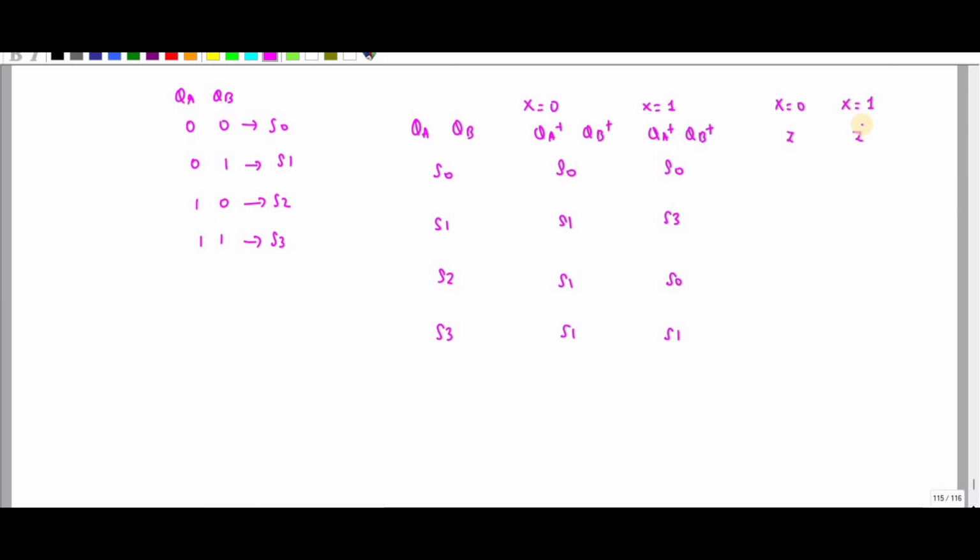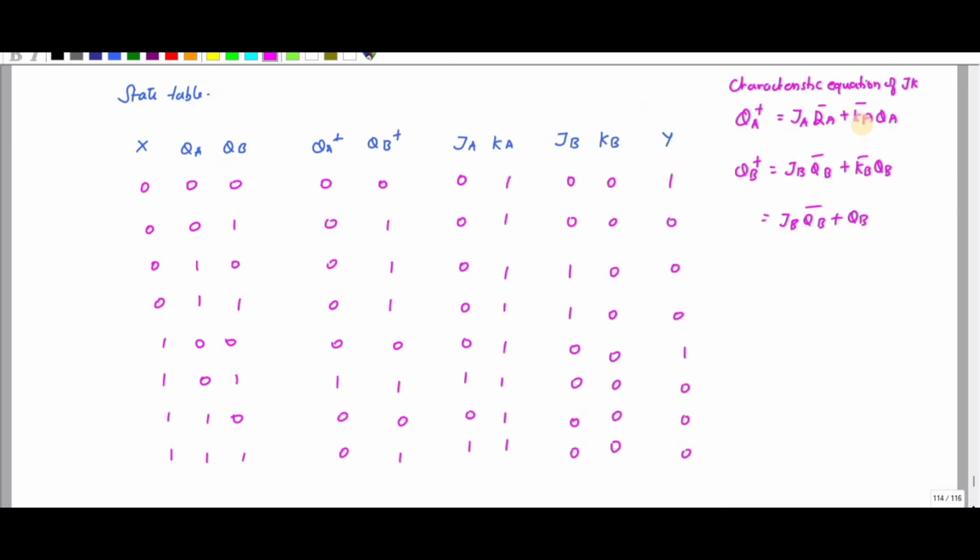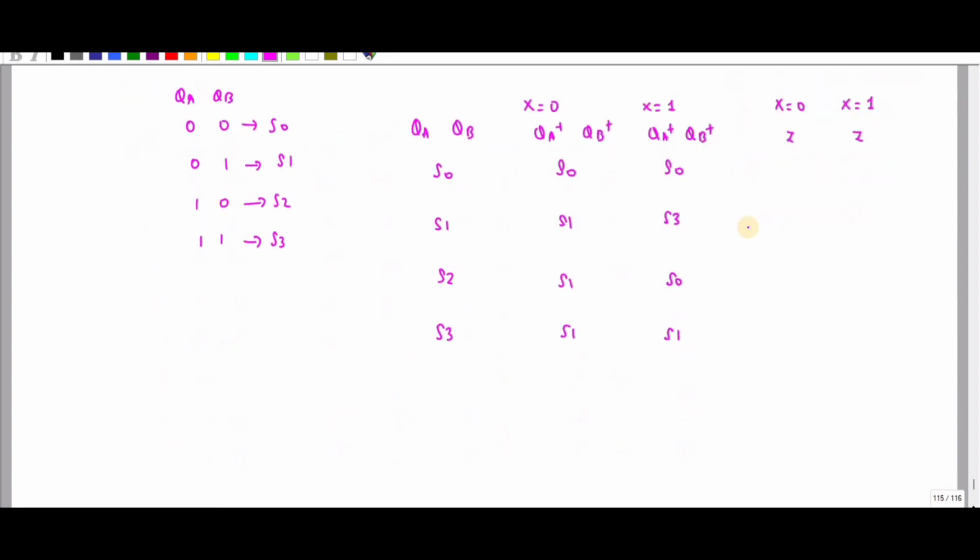Z is 1 1 for S0, and for the rest it is 0 0. So this is your state table. Is any further reduction possible?